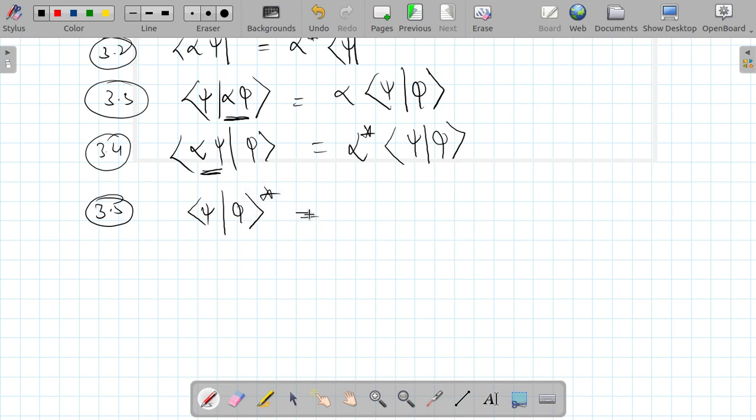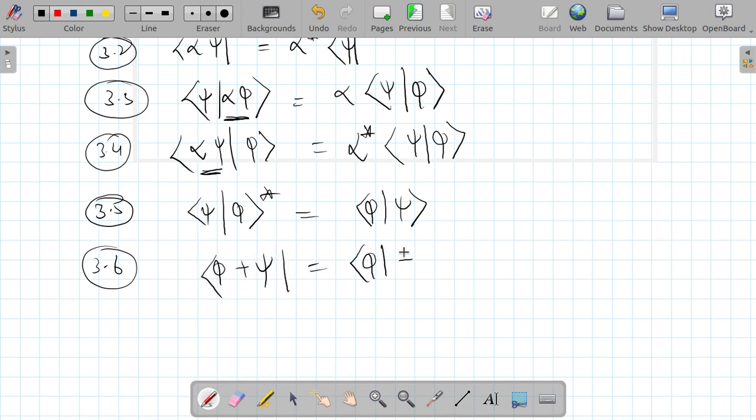And if I consider the bra-ket vector psi phi and take its complex conjugate, then it can be written in this form. And if we take the sum of this, it can be written as the sum of first and the sum of second ket vector.